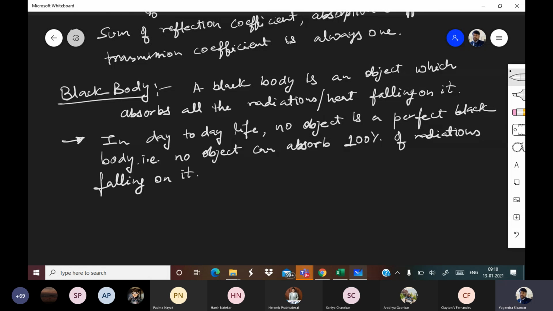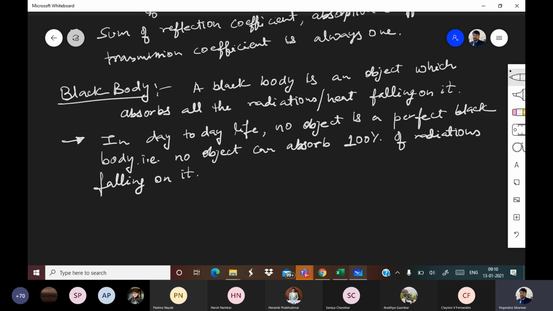If you are able to see any object, that means that object is reflecting heat or light. If an object is a perfect black body, that means it is 100% absorbing the radiations falling on it, then that object won't be visible.